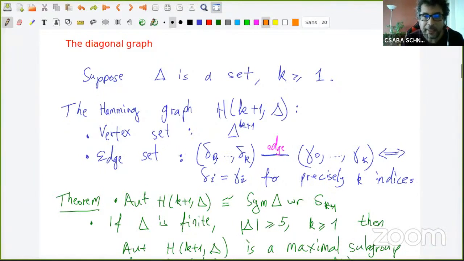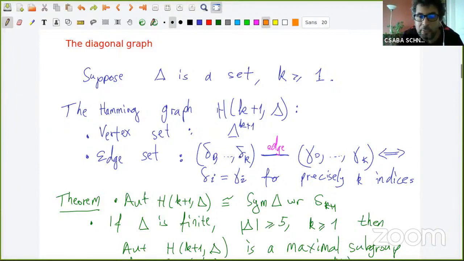And the edge set is defined this way. I will label the vertices by writing one vertex as (delta_0, ..., delta_k). This is an element of Delta^(k+1). I start the indexing at 0 and go up to k.